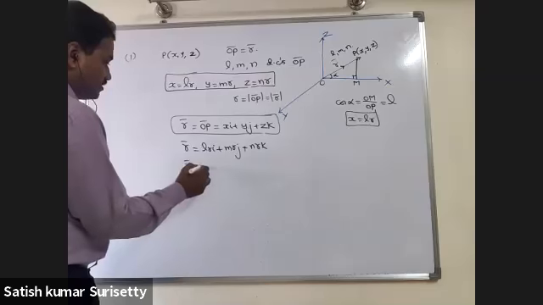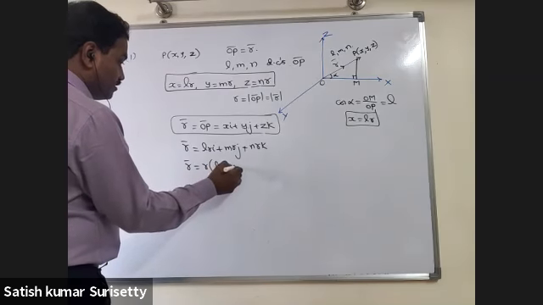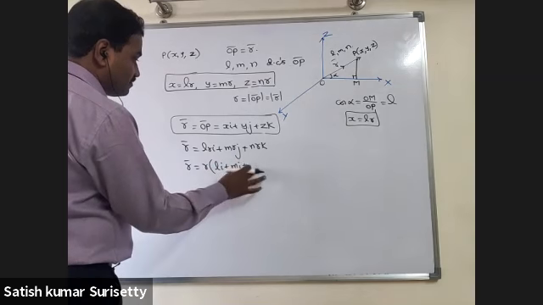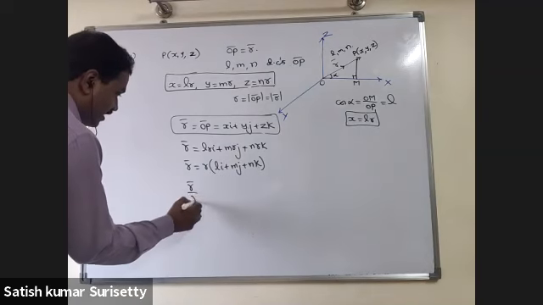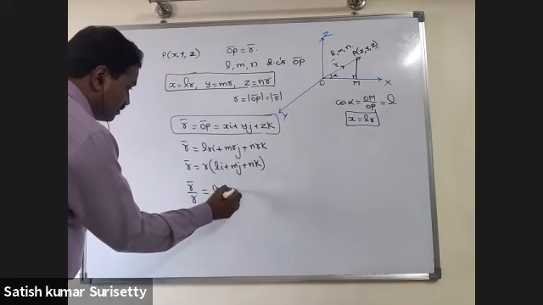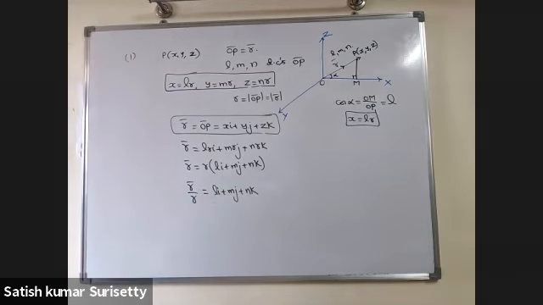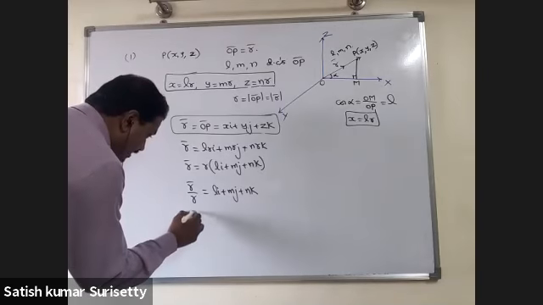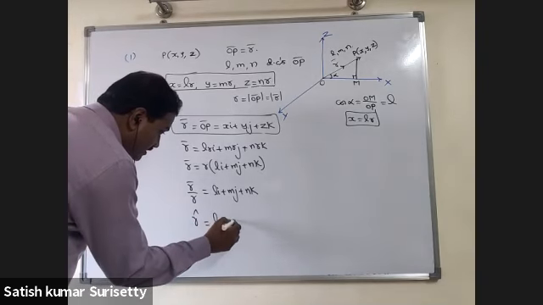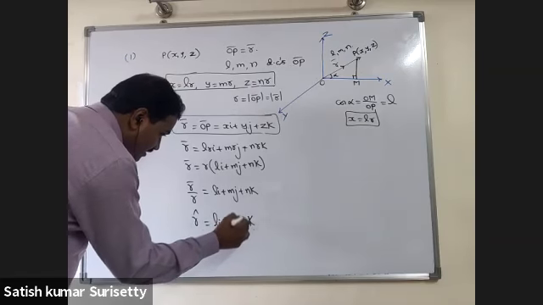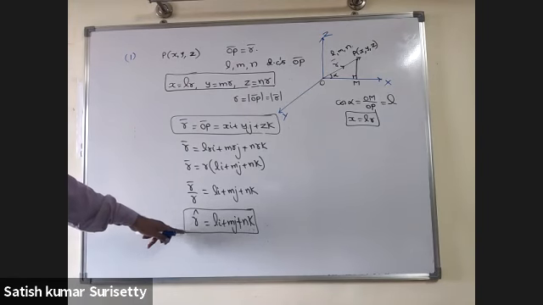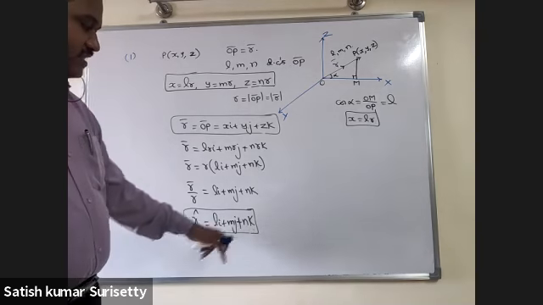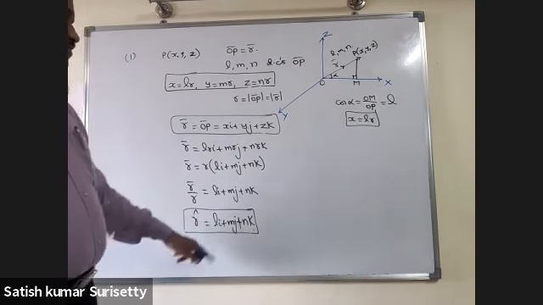So R bar equal to R times (Li plus Mj plus Nk). So R bar upon R equal to Li plus Mj plus Nk. What does R bar upon R correspond to? Unit vector. That is R cap equal to Li plus Mj plus Nk. Remember this, very, very important. So unit vector in the direction of a line whose direction cosines are L, M, N is Li plus Mj plus Nk. Right, all of you?